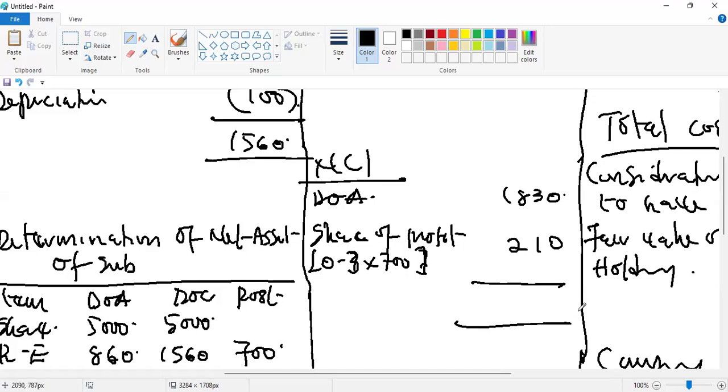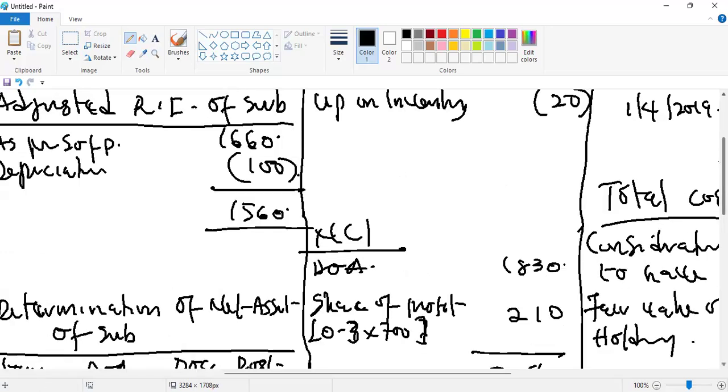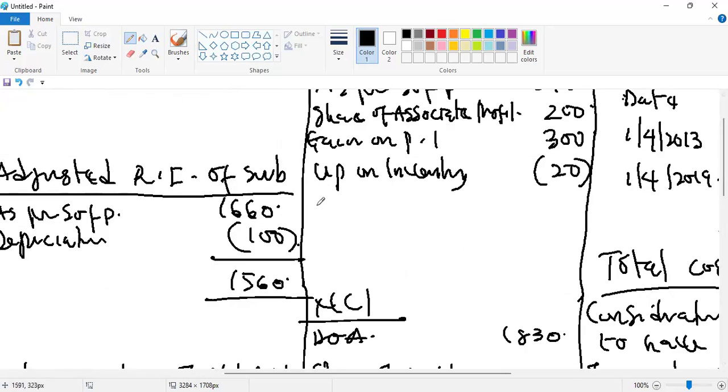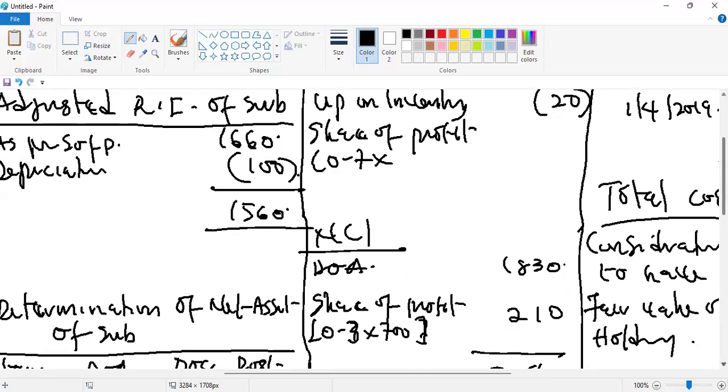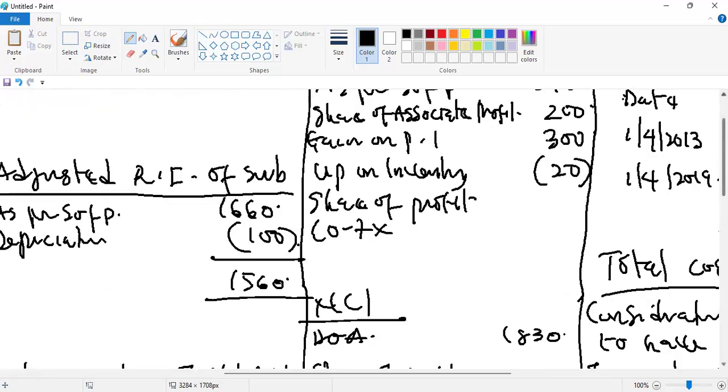So the NCI to be reported is 1830 plus 210, which is 2040. Then the parent also collects its share of profit: 0.7 times 700 is 490.